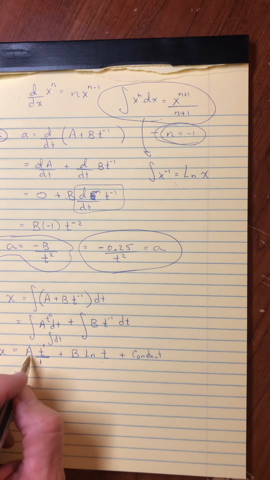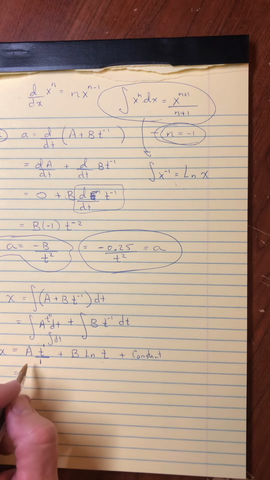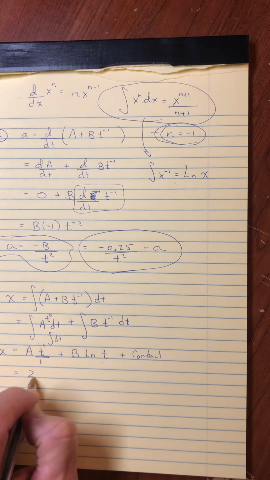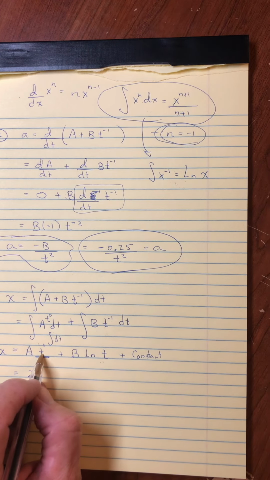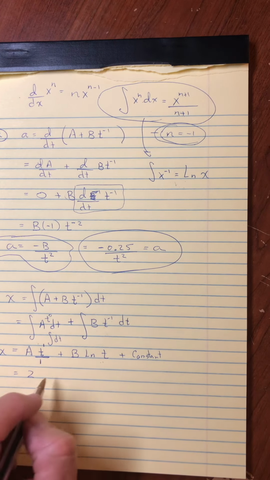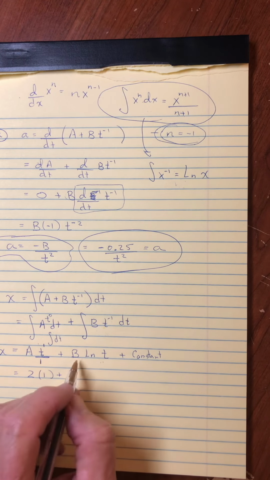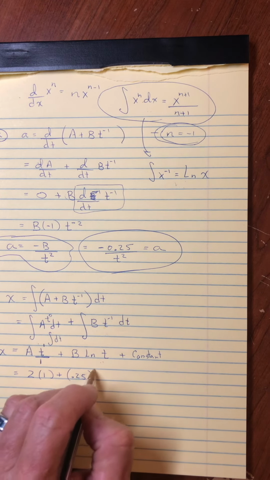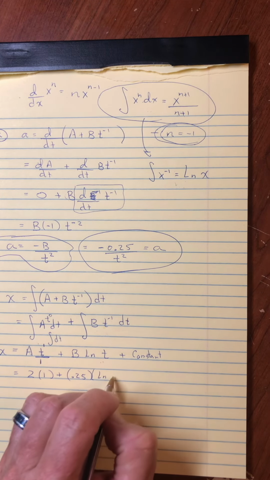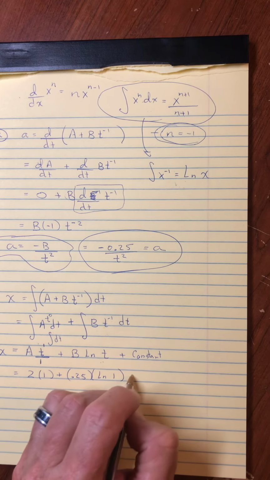So if you put in the value of a, which we said was 2, and then you put in what they say at time equal 1 second, put in the value of b, which they write as 0.25, at 1 second.